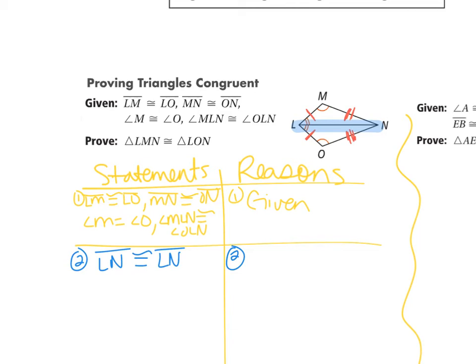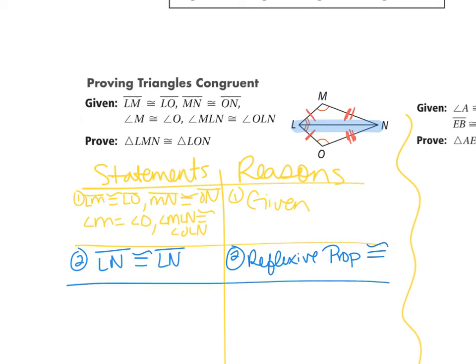This will be the reflexive property of congruence. So reflexive is when it's the same thing. One thing equals the same thing, okay, just like that. All right, so now we've got all three sides that are identified as congruent.